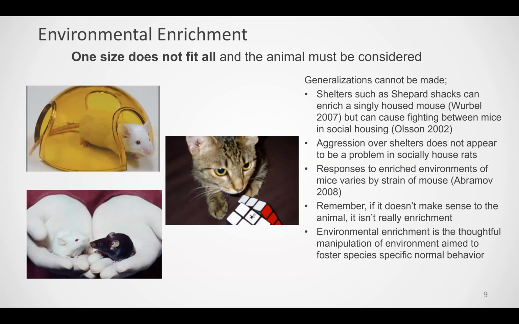So that has something you have to consider. Again, it goes back to what's the natural history of the animal? What would that animal do in a wild habitat? So enrichment is the thoughtful manipulation of the environment, and it's aimed to foster species-specific normal behaviors.